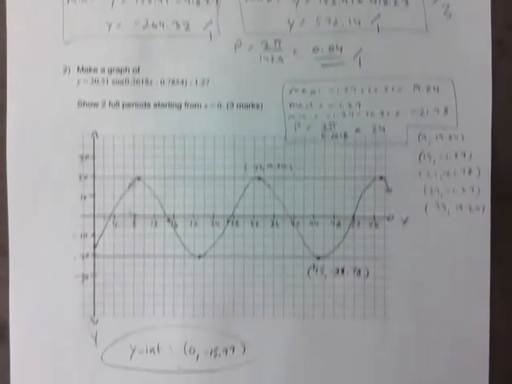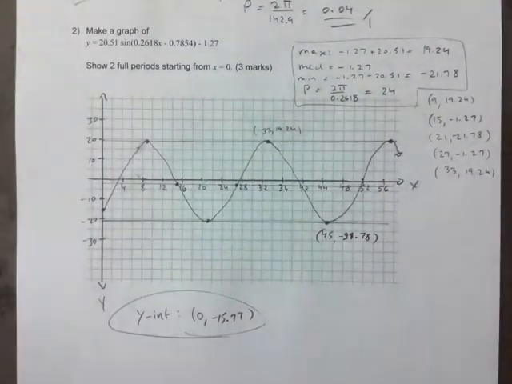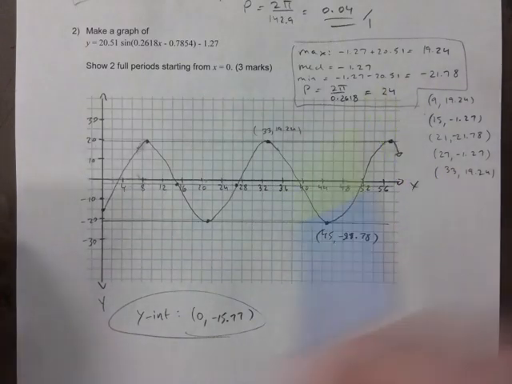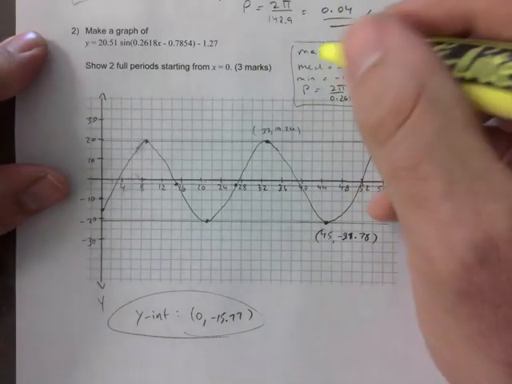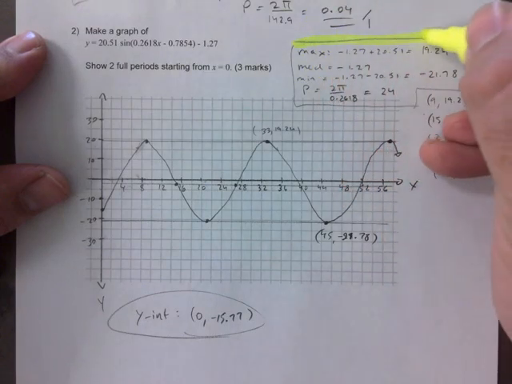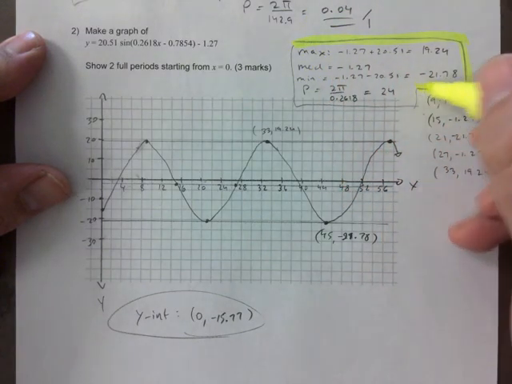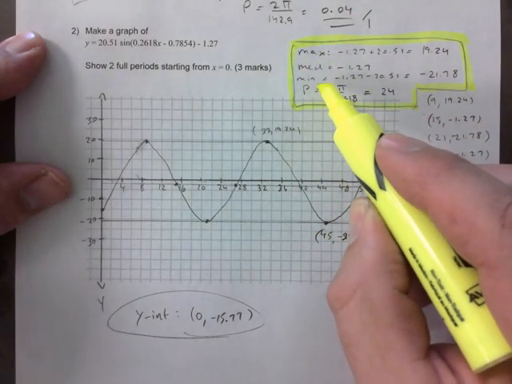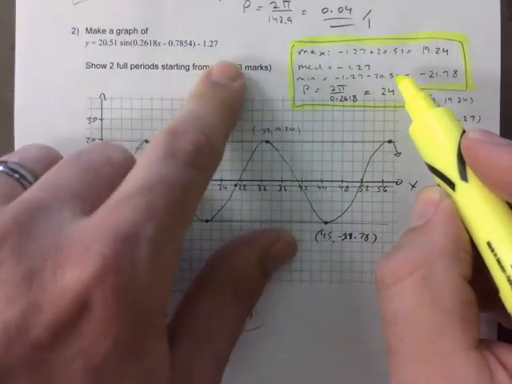For the second one, sine waves are just a little bit more work to graph than any other. You don't just have 1 point and go off of it. What I would suggest, and that's what I do, but if you have a different method, go for it, is to find the max, the min, and the mid just from the equation.